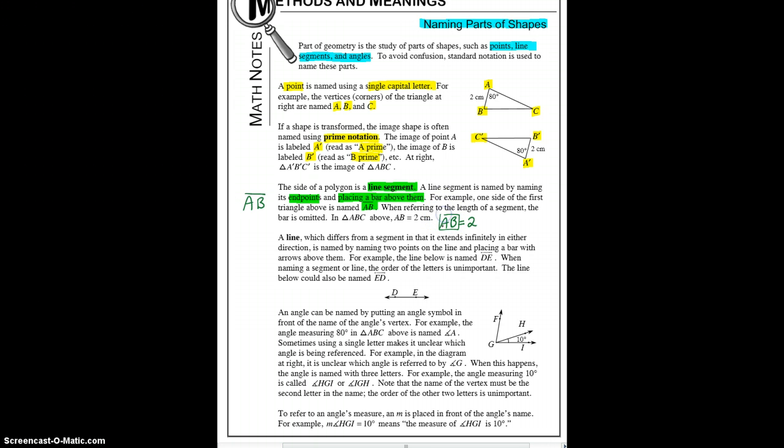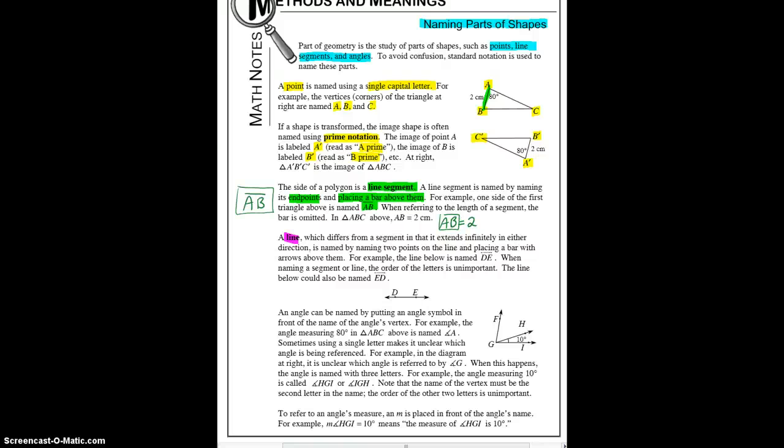This specifies measure. This specifies the object. If you answer using AB with a bar over it, you're trying to get me to look at segment AB. If you're telling me that AB without a bar is equal to 2, you want me to do some mathematical computation with 2. And therein lies the difference.